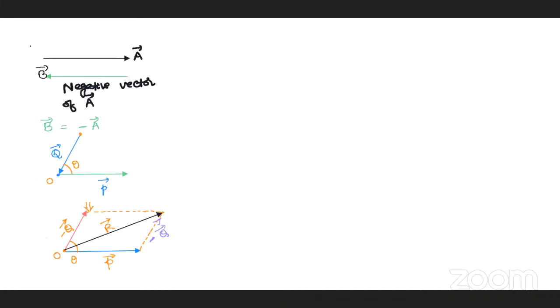What I said, try to recollect: r bar can be written as the addition of two vectors when two vectors are taken in order. That is p bar plus minus q bar, I am going to write here.